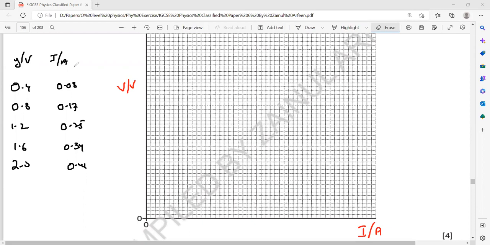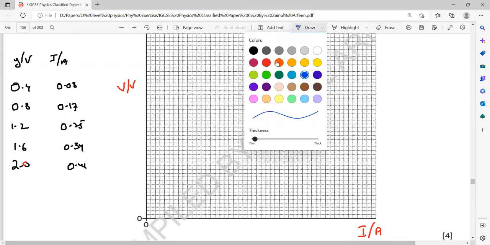For voltage, I need from 0 to 2. Try to cover 70% of your graph paper or more. Can we use 0.01?